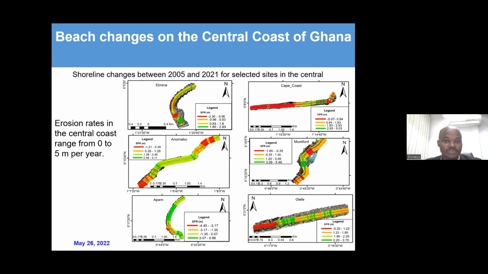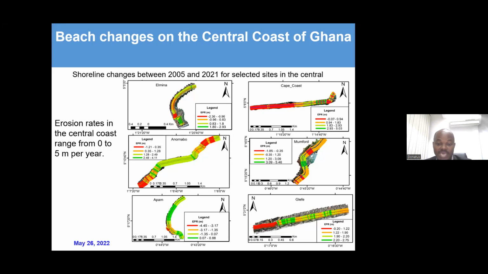Next slide. Okay, so the central coastline is characterized by diverse beaches, unlike that of the eastern. The eastern is predominantly sandy, and we can agree that the transport of sediment or the dynamics of sediment at that site will be different from the central, which is made up of rocky, sand, and even the nature of the beaches.